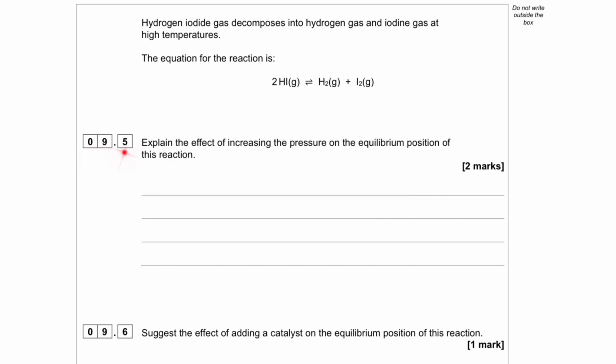Question 9.5. Hydrogen iodide gas decomposes into hydrogen gas and iodine gas at higher temperatures. The equation for the reaction is given here. Explain the effect of increasing the pressure on the equilibrium position of this reaction.